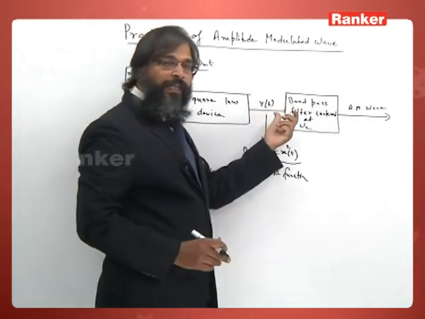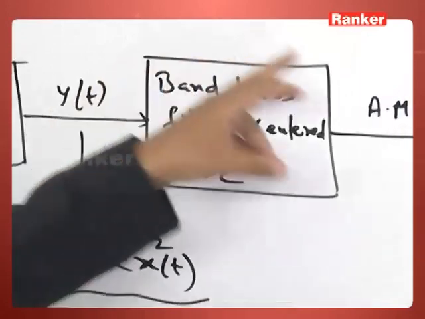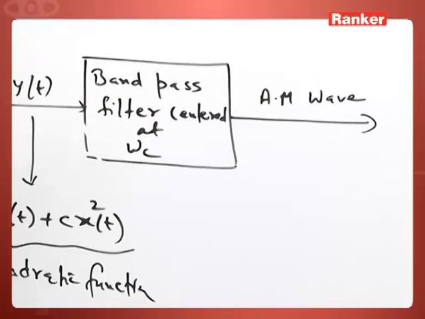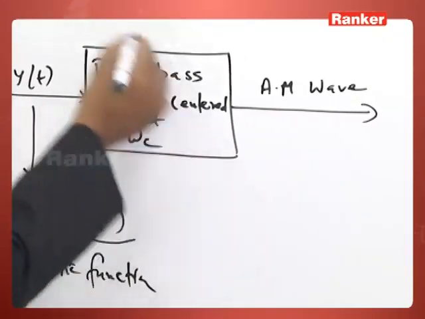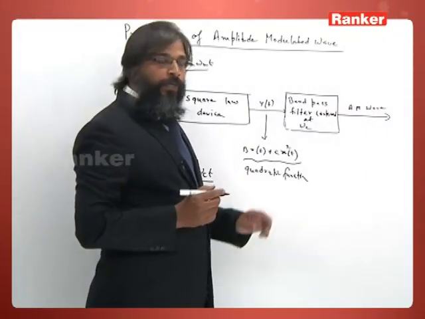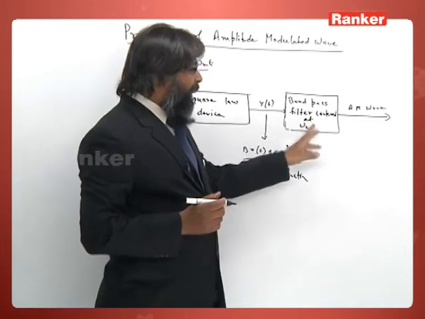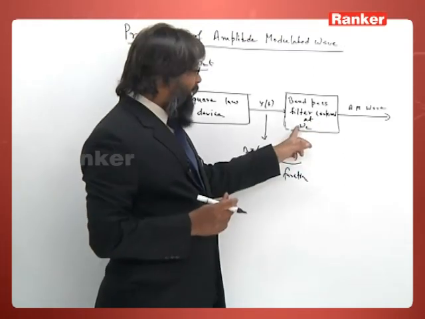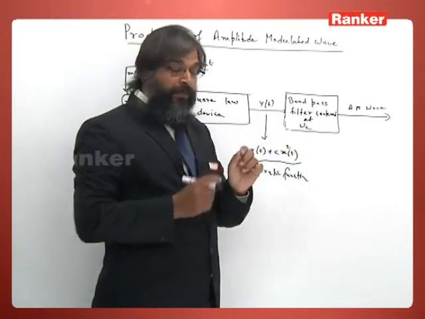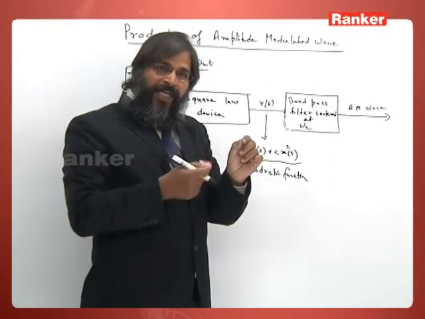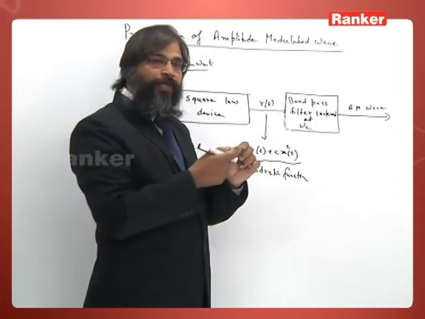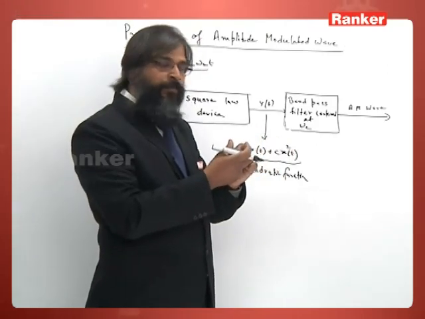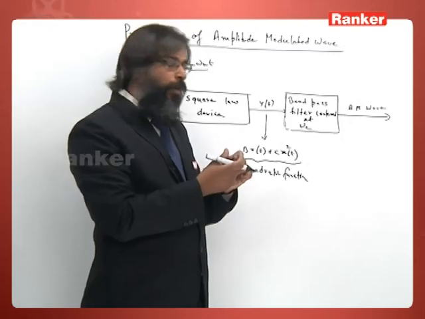Now this quadratic function is passed through a band pass filter which is centered at ωc. This is a filter circuit. It is centered at ωc, meaning ωc is the frequency of the carrier wave. Somewhat lesser than the carrier frequency and somewhat more than the carrier frequency, there are some side bands which are present in amplitude modulation.